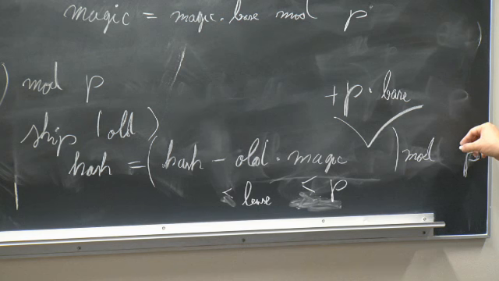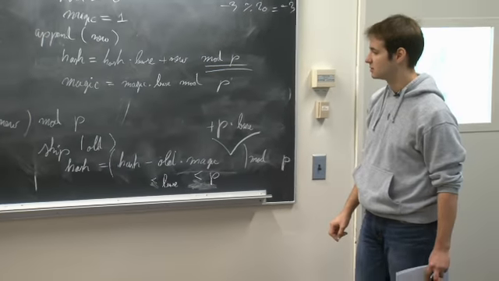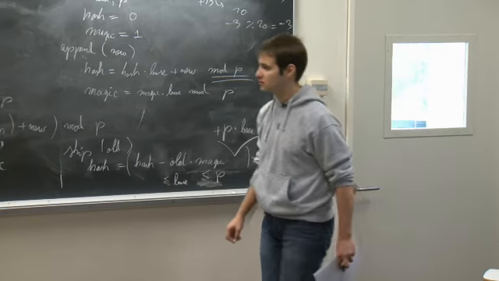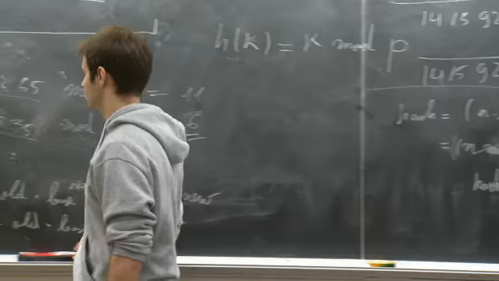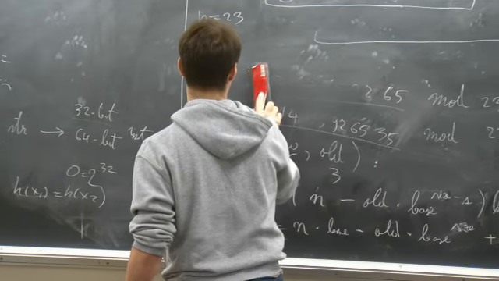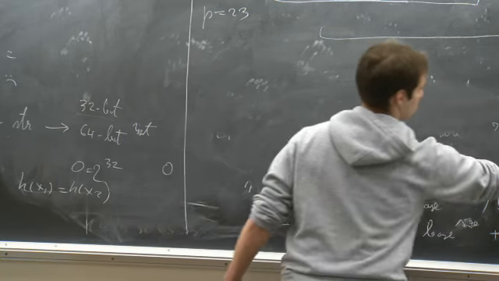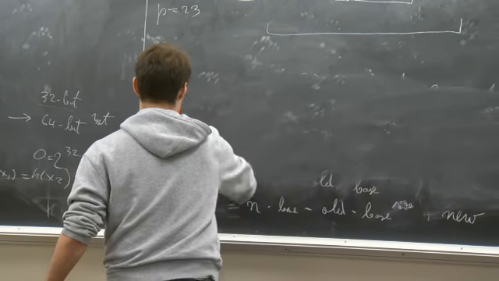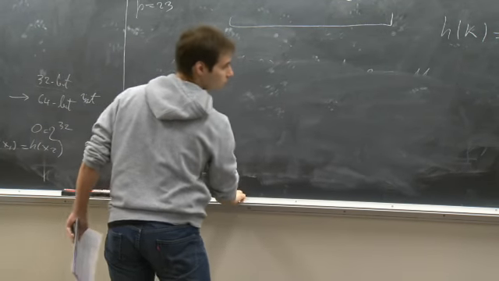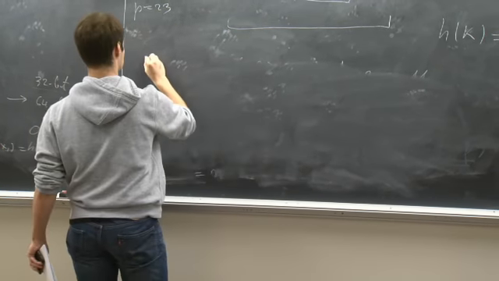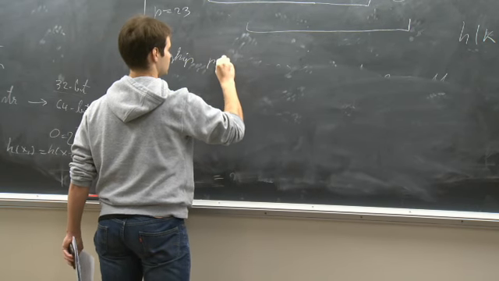OK, so we have hash. Now what do we do to magic? Divide it by the base. Okay, so skip part 2.